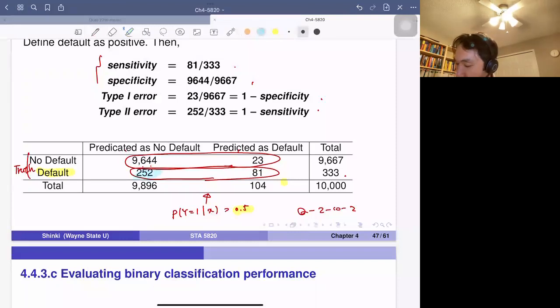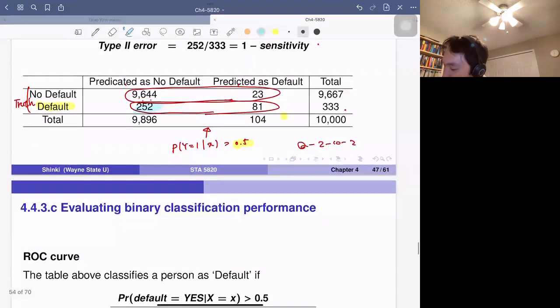We miss 252. We want to decrease this number for better management. Then maybe we can have a stricter policy about the default status. If the balance is slightly higher than normal, then we say, okay, it's risky. So that person maybe will be in default, perhaps.